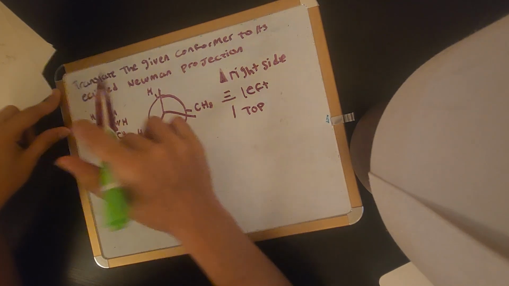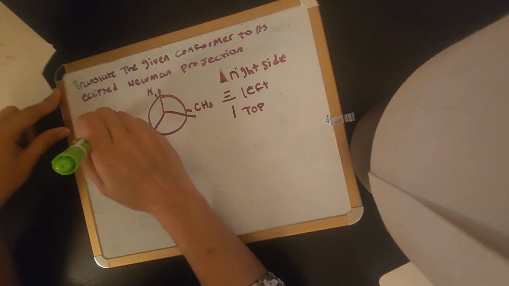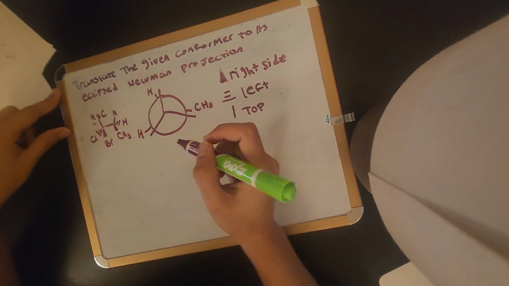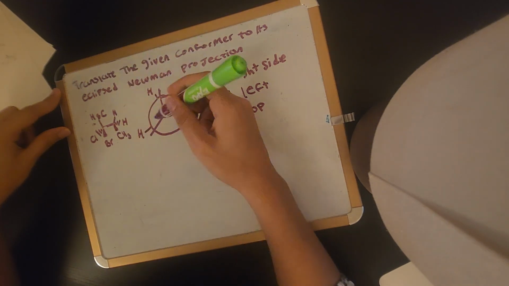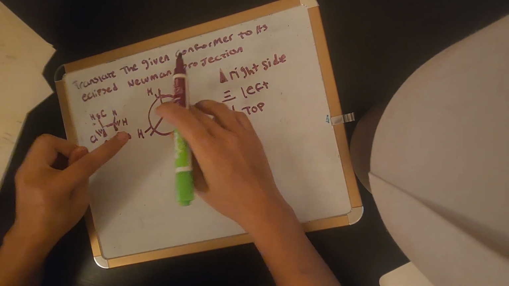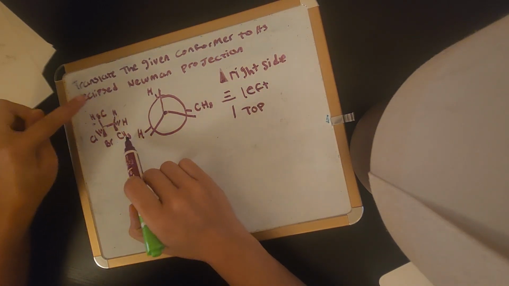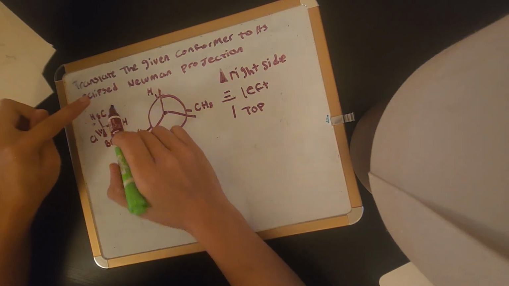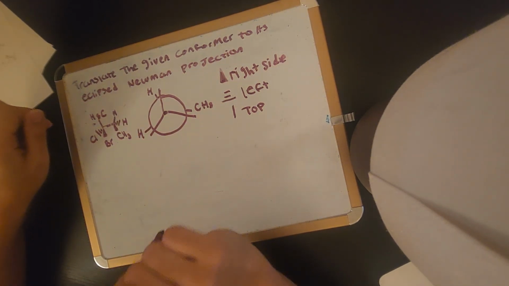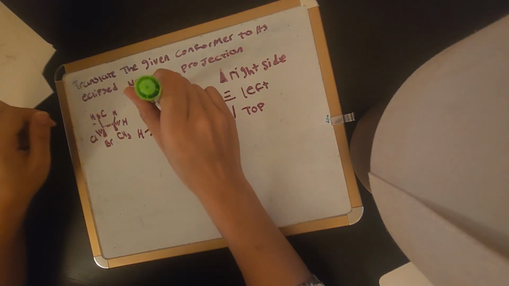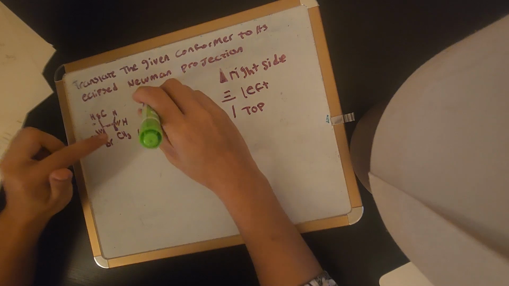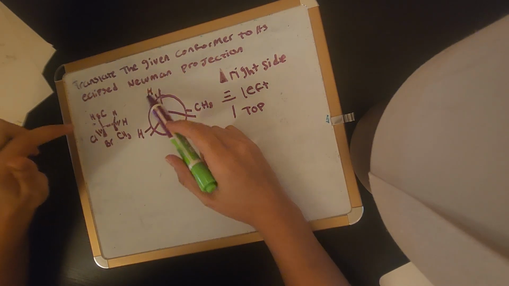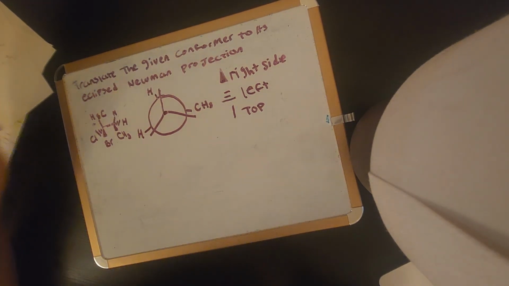Either way, these carbons are parallel to each other, so this carbon and the other carbon, you're not going to see them. Instead, you're just going to look at these, basically. In this case, we see that the things drawn behind the circle are H, H, and CH3.